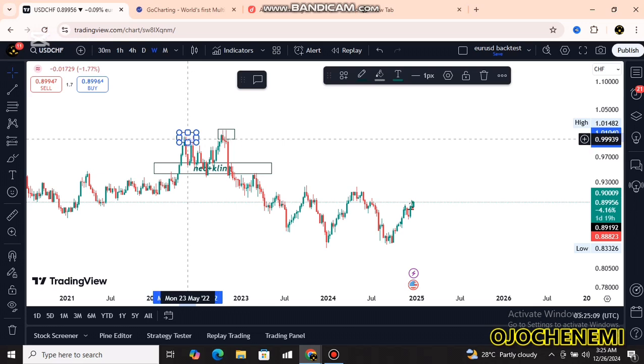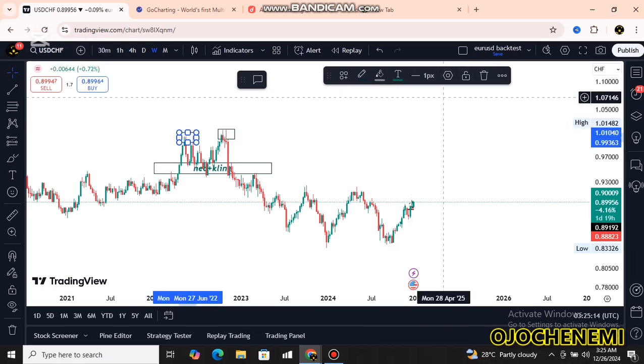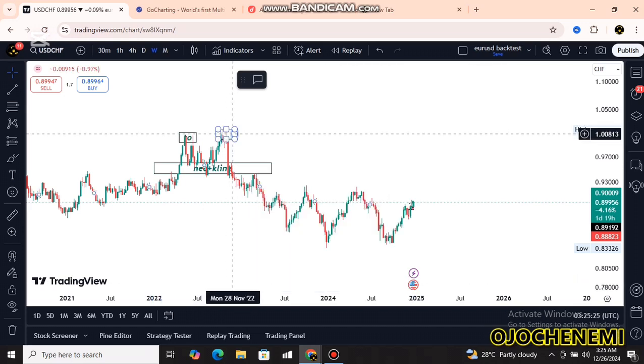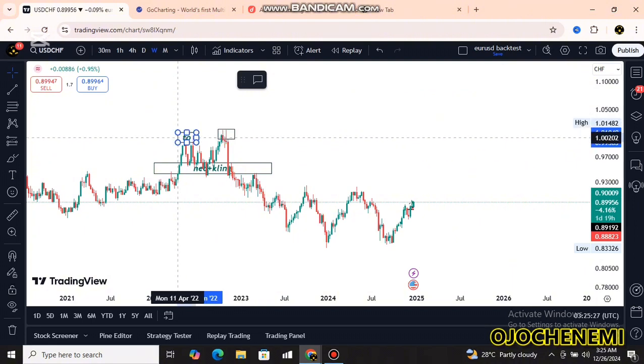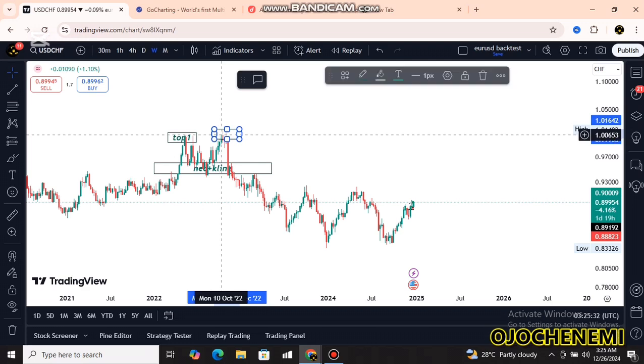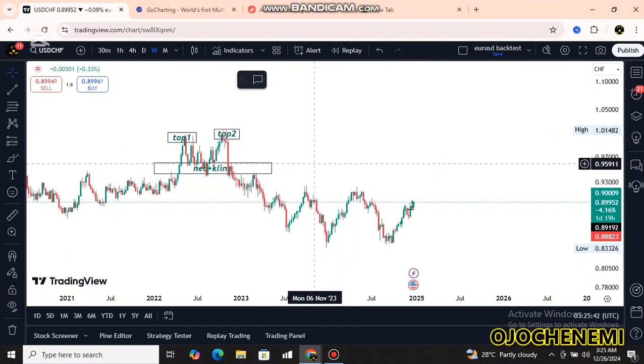Here is the top, the first top, and here is going to be the second top. So that's what comes about the double top.